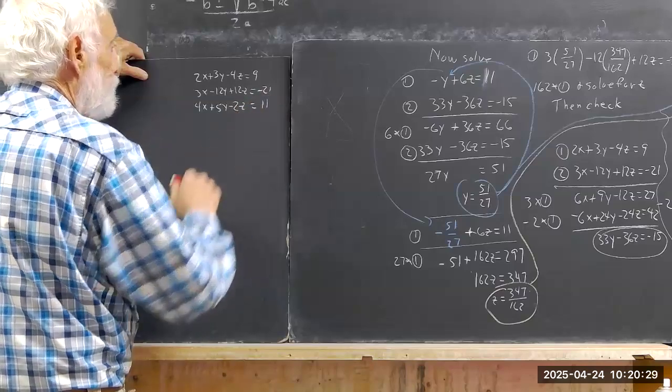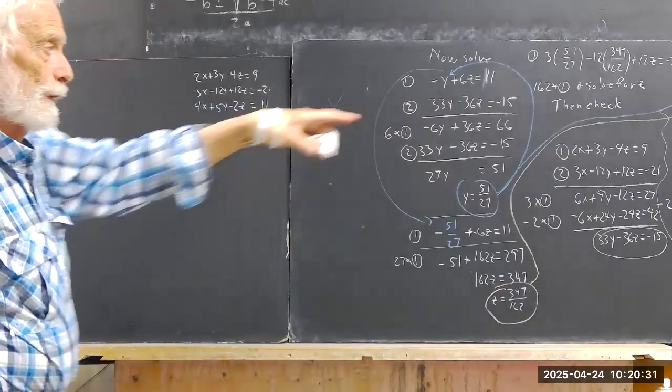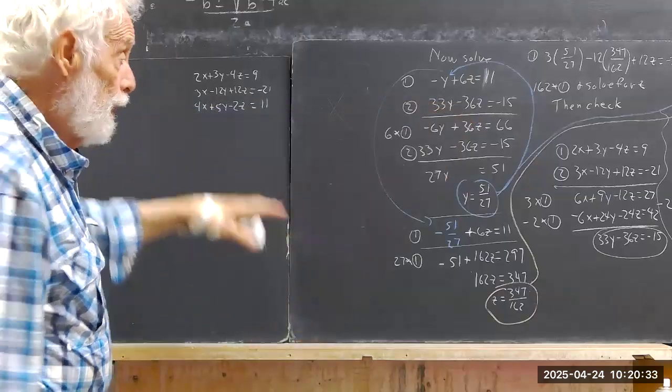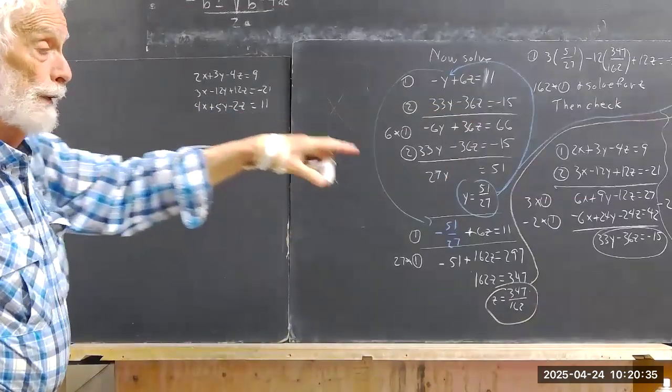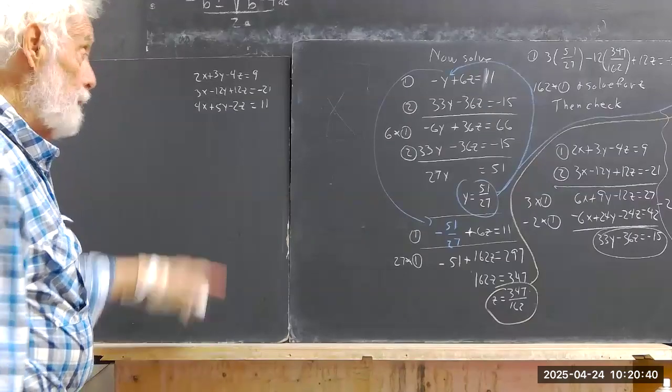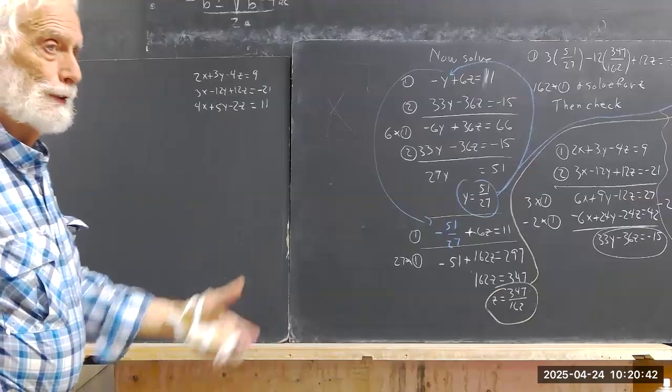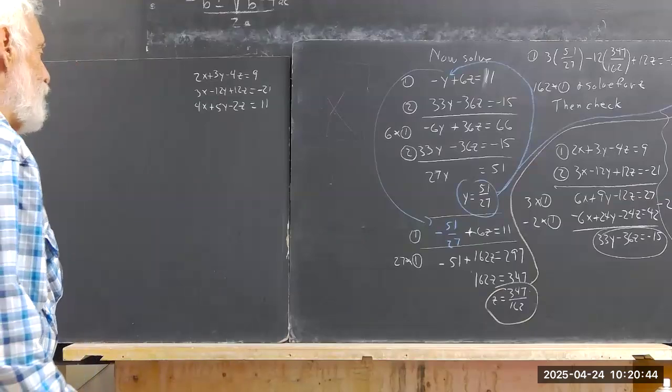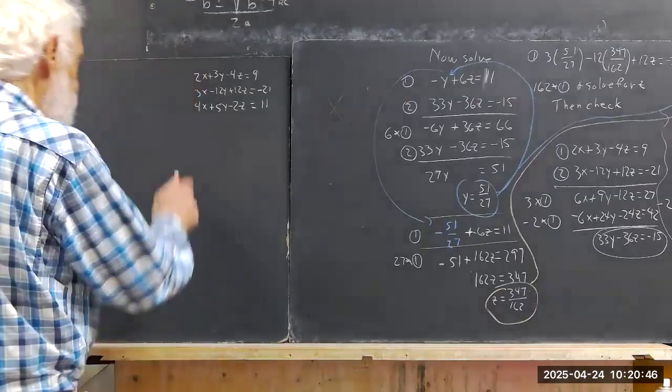It should have been 11. Notice I had 7 in the original. So this system is a little different than that one. But this one should come out a nice solution, but it's going to be a little bit of a pain.